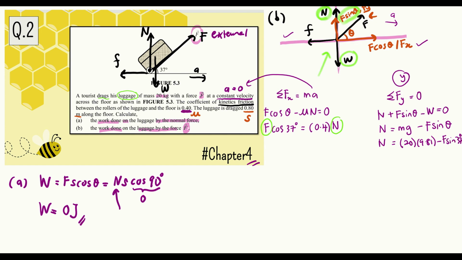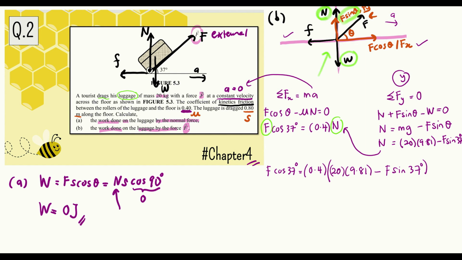Now we substitute our N into the first equation. The equation becomes F cos 37 equal to 0.4 times 20 times 9.81 minus F sine 37.